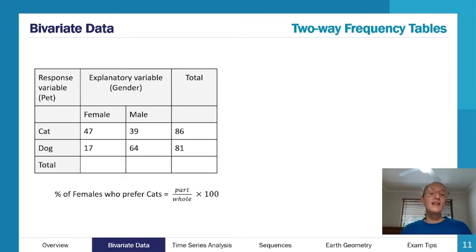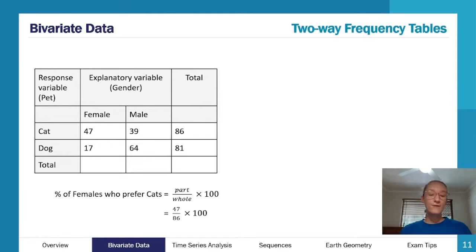So we're going to calculate the percentage of females who prefer cats. The awesome thing about doing the percentages is it's just regularly how we calculate percentages. So we take the part, divide it by the whole, and that'll give us a decimal, and then we times it by 100 to get the percentage. So part is the number of females who prefer cats, which is 47. And then we divide it by the whole, the total number of people that prefer cats, which we can read from our table is 86.